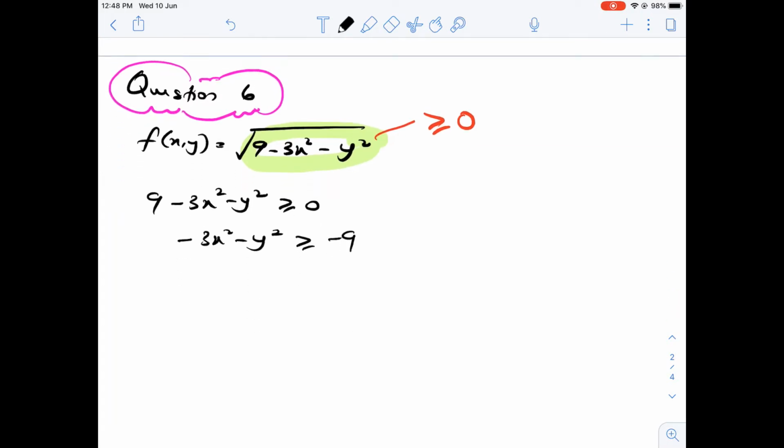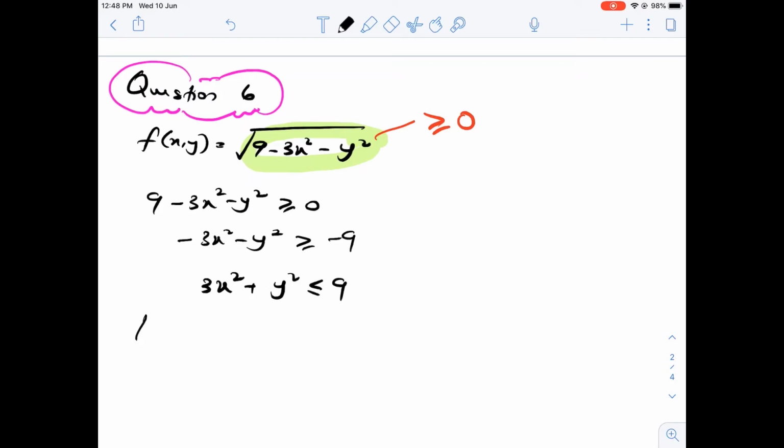Now you can change the inequality sign. If you want to change the negative sign to positive, we will have 3x squared plus y squared less than or equal to 9.